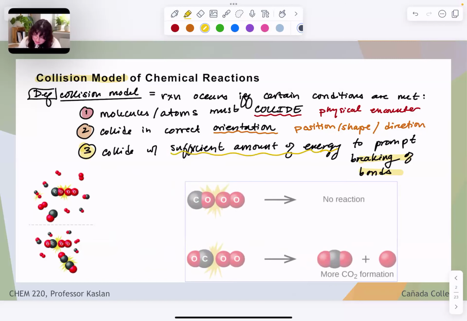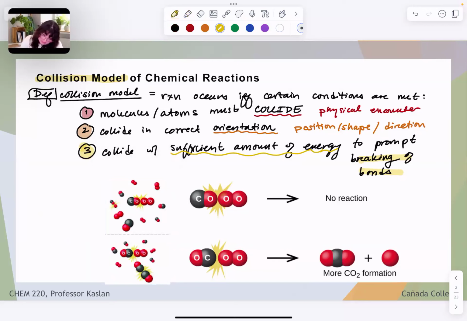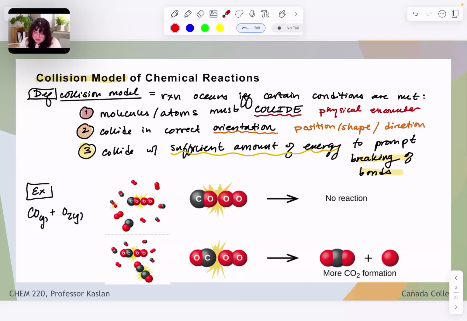So in this example here, we are looking at a model of the reaction between carbon monoxide and oxygen. So this is our gas phase reaction. You can see we have a bunch of oxygen molecules modeled here as these red molecules.